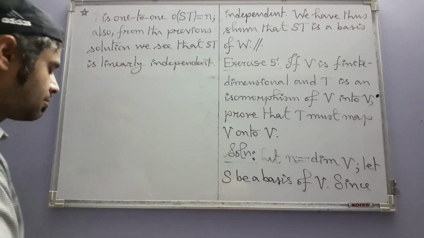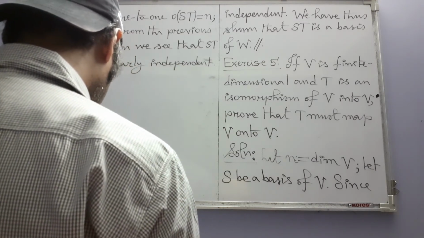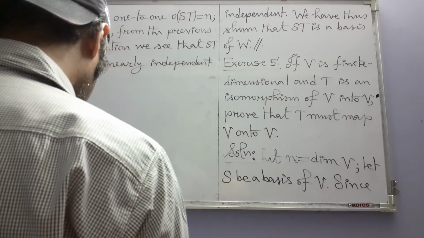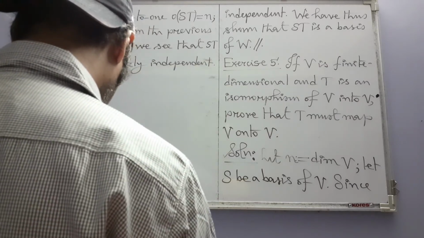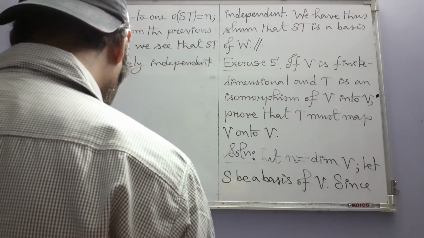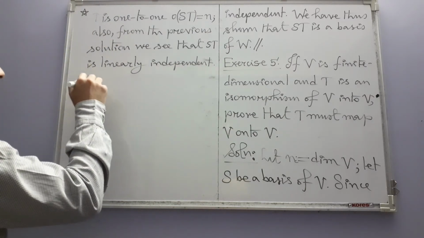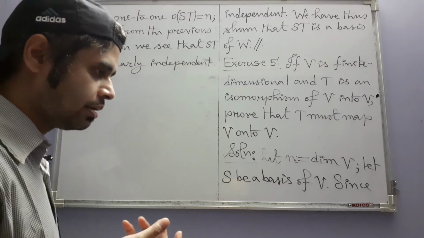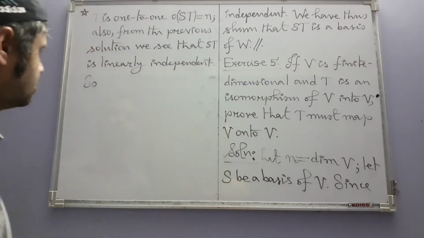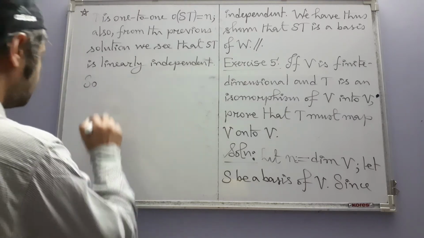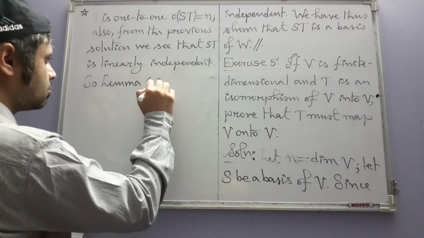So you can blow up a linearly independent set into a basis for the whole space. We have already seen this result, and the name is lemma 4.5.